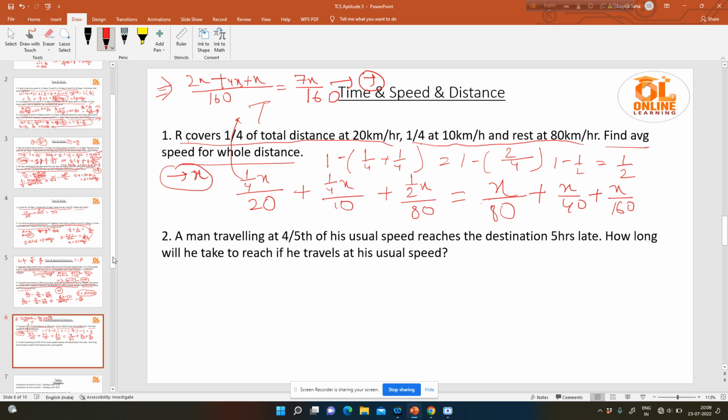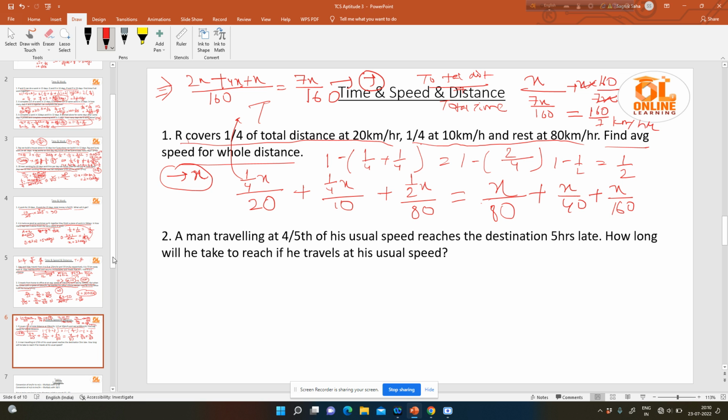Okay, we know average speed is total distance by total time, right? So total distance is x, which we have considered, and total time is 7x by 160, so it is x into 160 by 7x. x and x would be cut, so the average speed is 160 by 7 kilometer per hour.